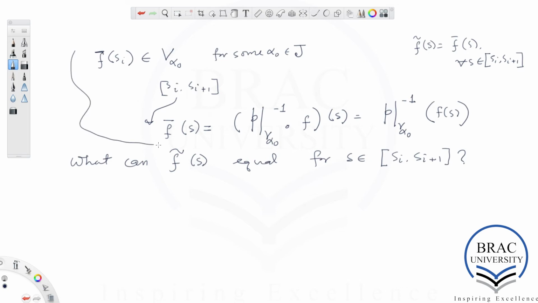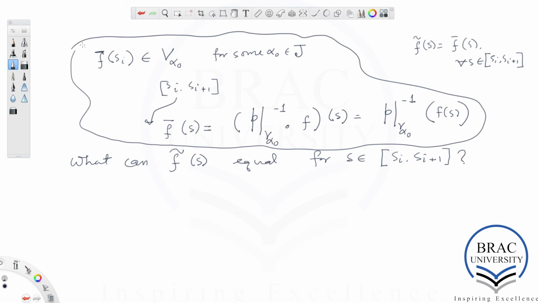This follows from the construction of the lift F bar, which we did earlier. So let me draw a diagram very quickly.